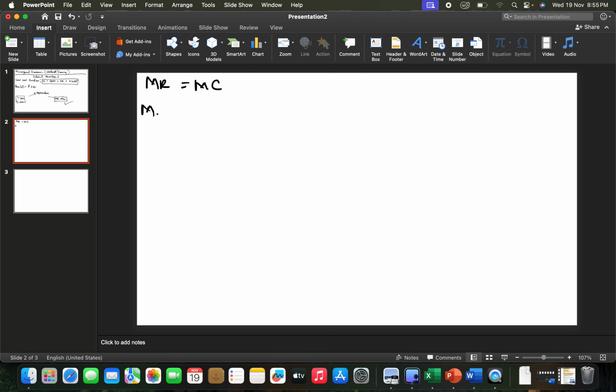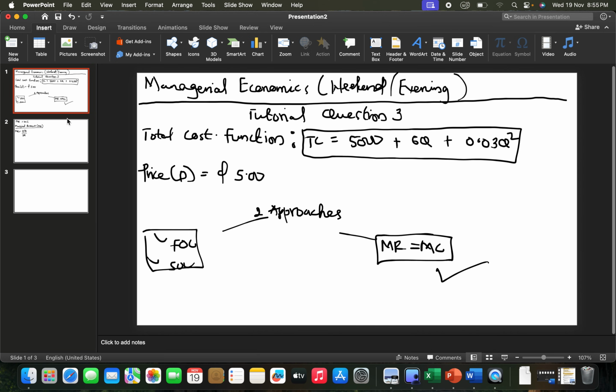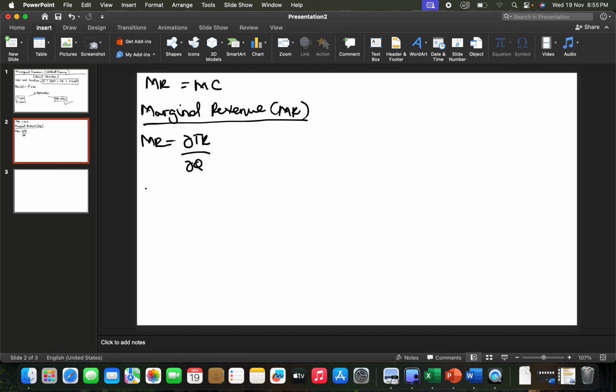So in finding marginal revenue, I'll find the derivative of total revenue with respect to Q. But in the question, there's no total revenue. So it means we have to first solve the total revenue. So total revenue, TR, is equal to price times quantity.